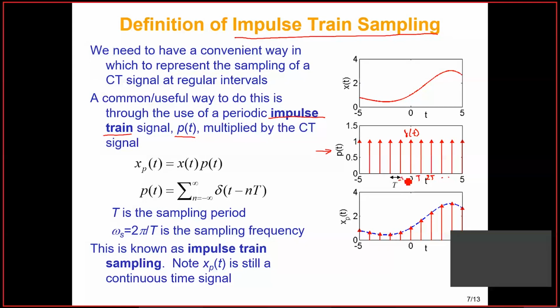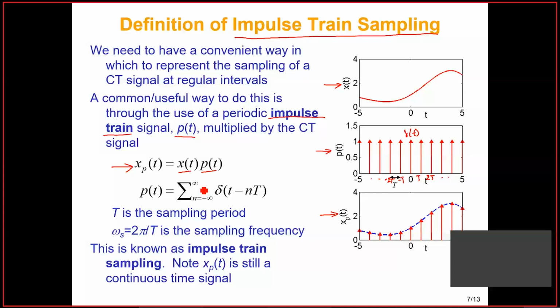We just multiply whatever signal is given to us with this impulse train and end up getting the impulse sampled signal x p of t, subscript p. So this x p of t that we get is your impulse sampled signal. Practically, to get this impulse sampled signal, we just multiply our x of t with the impulse train.